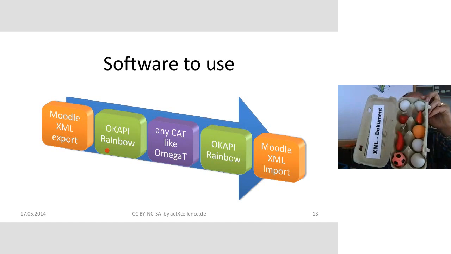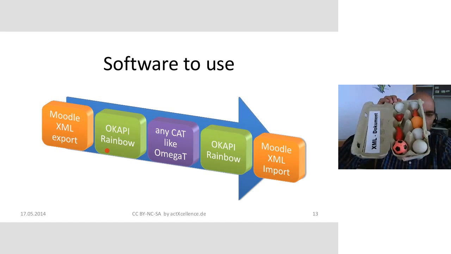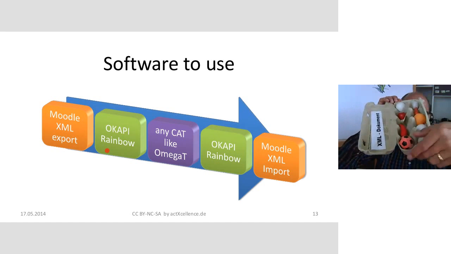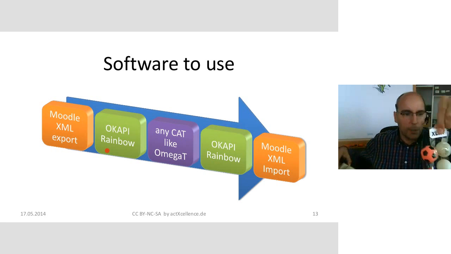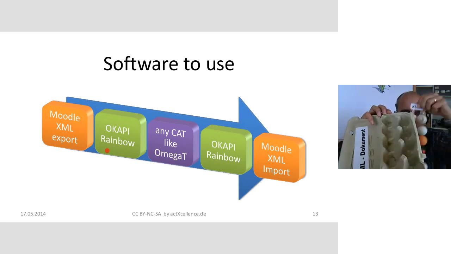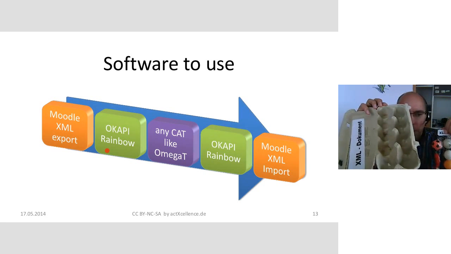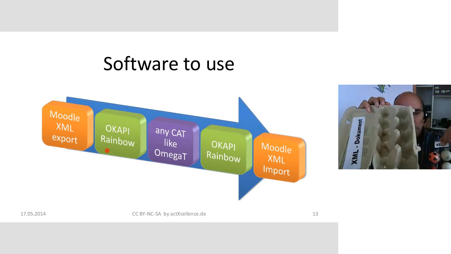Okay, like this. That's the XML document from inside. And this Okapi Rainbow gives you the opportunity to take out all the content and get another XML. Okay, I'm cheating. I use the same, but just for illustration.